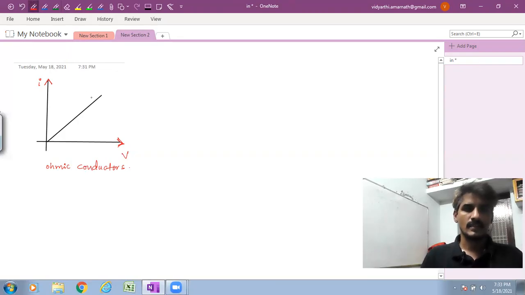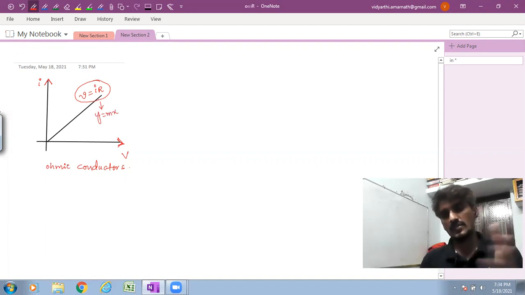Here V is equal to I into R. Am I right or not? This formula is similar to y equals mx, which is nothing but the equation of a straight line.